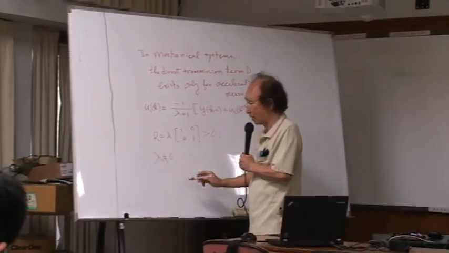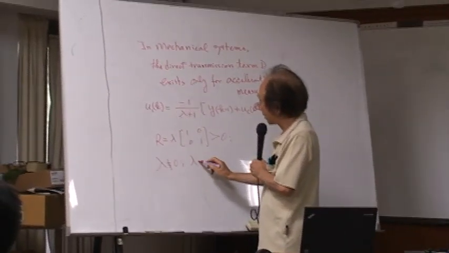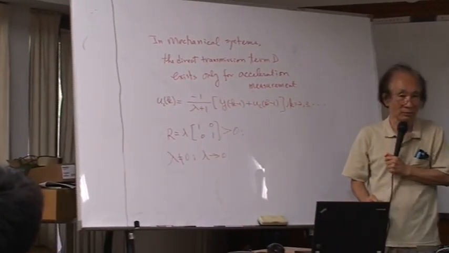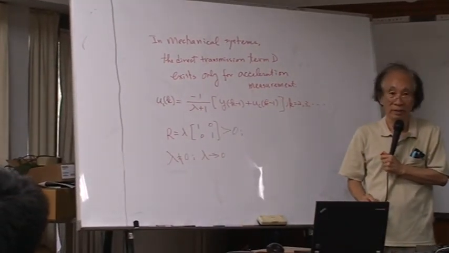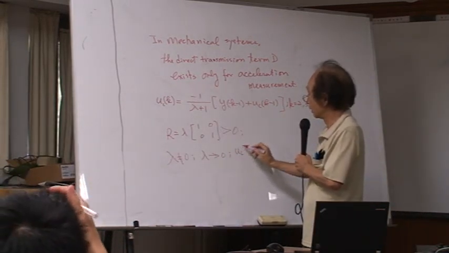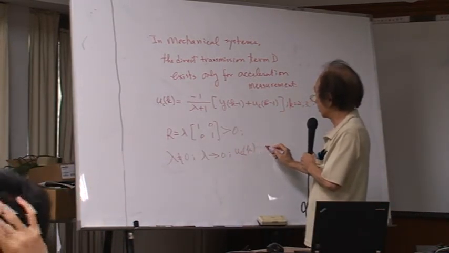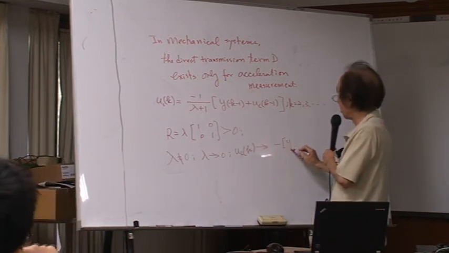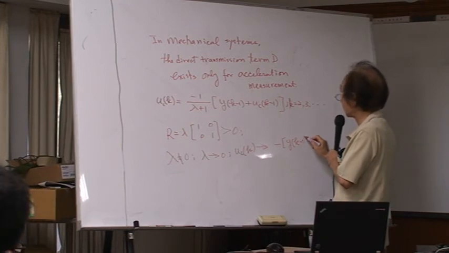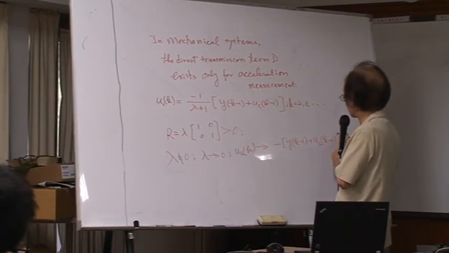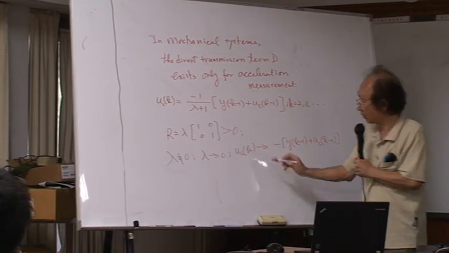But if lambda approaches 0, very small, then my UCK approaches minus y k minus 1 plus UCK minus 1.